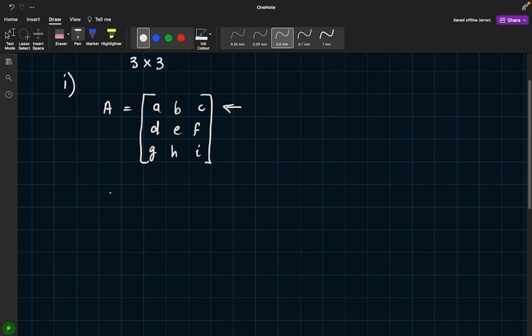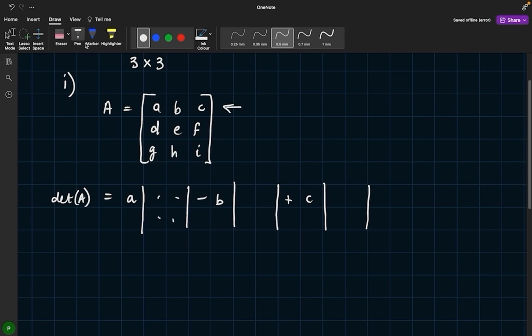So your determinant is going to follow the form of A minus B plus C. And these are all 2 by 2 matrices. And how you find what goes in these 2 by 2 matrices is you always remove the first column. Oh, sorry, the first row.